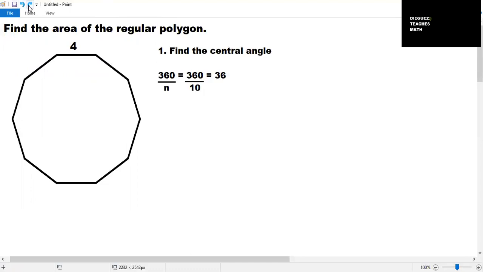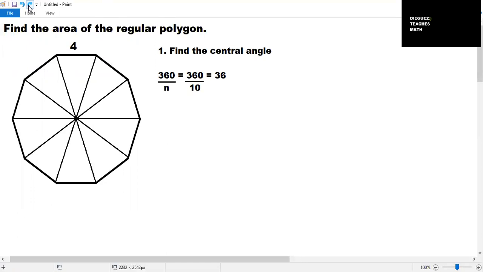So the first thing you wanna do is find the central angle. The central angle you can find out by drawing triangles in your polygon. We know that when we go from here to here, angle-wise, that's 180 degrees, right?